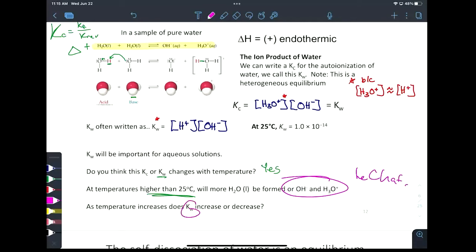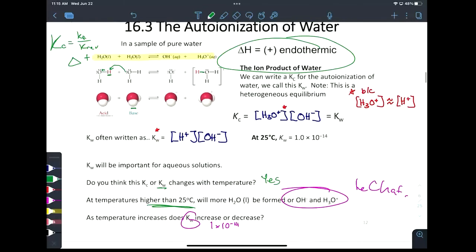But now, does Kw, that number, 1 times 10 to the negative 14, go up or down as temperature goes up? This is straight up chapter 15. It's a 50-50 guess, right? But let's think about it. The piece of information I didn't put much effort into is the endothermic part.